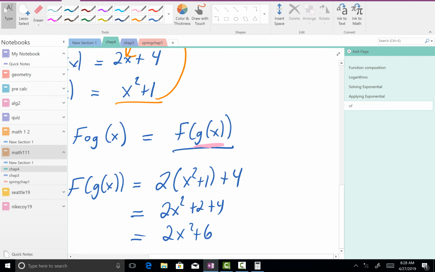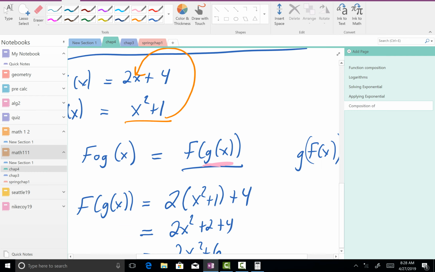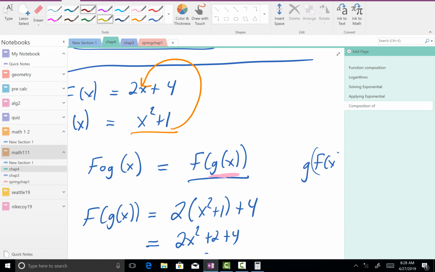Now we can go the other way. We could do g of f of x. Now f goes wherever the g's x's are. So we're going to take this one and put that in there.